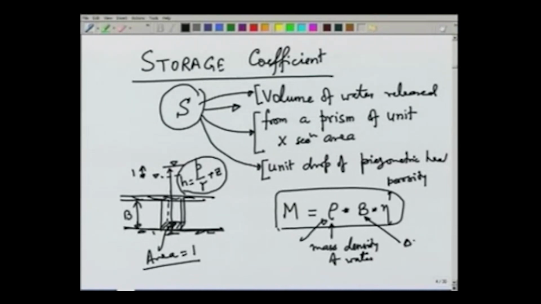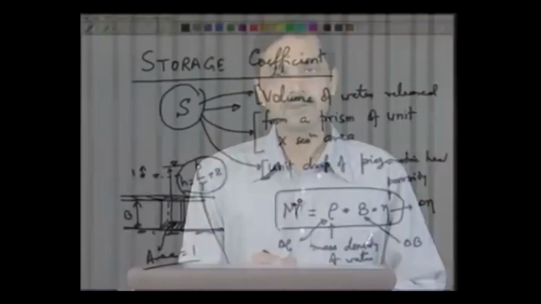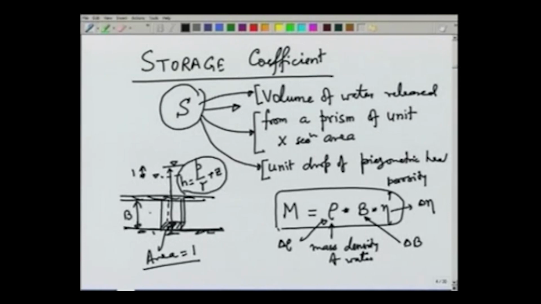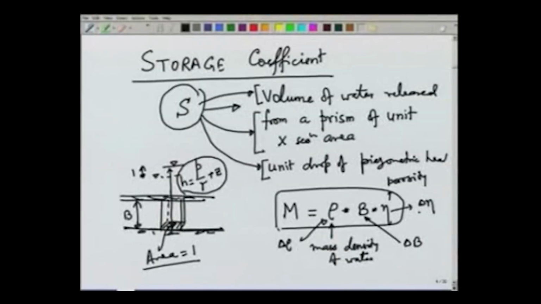Suppose we have some change here delta B, some change here delta rho. So, when we are lowering the piezometric head, the aquifer thickness B will also change, as we have seen that by lowering P we are increasing the effective pressure on the grains, and therefore, the aquifer will be compressed. So, B will reduce. The porosity similarly will also change.